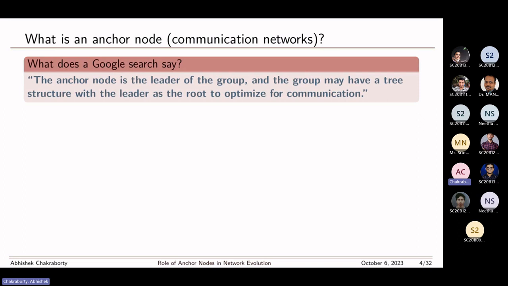With this answer, we can pick up a few phrases. The first one is the leader of the group. The second phrase is tree structure. And the third one is optimize for communication. So actually anchor node is involved in these three particular areas.